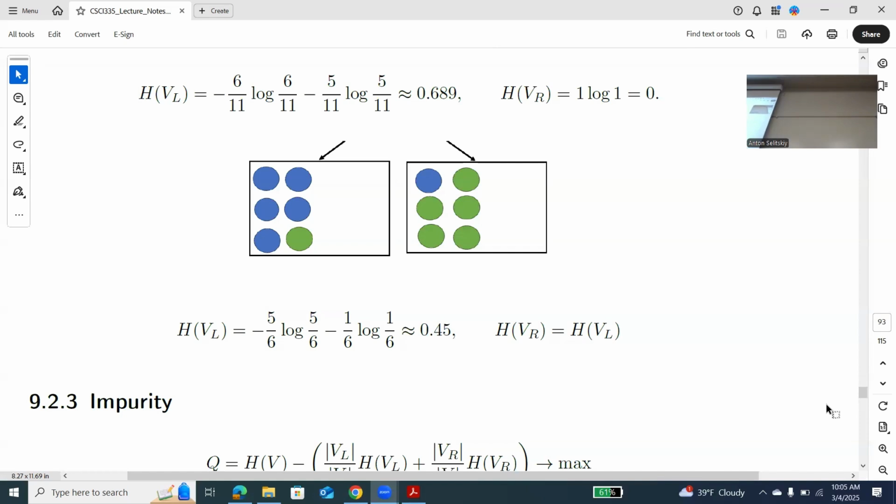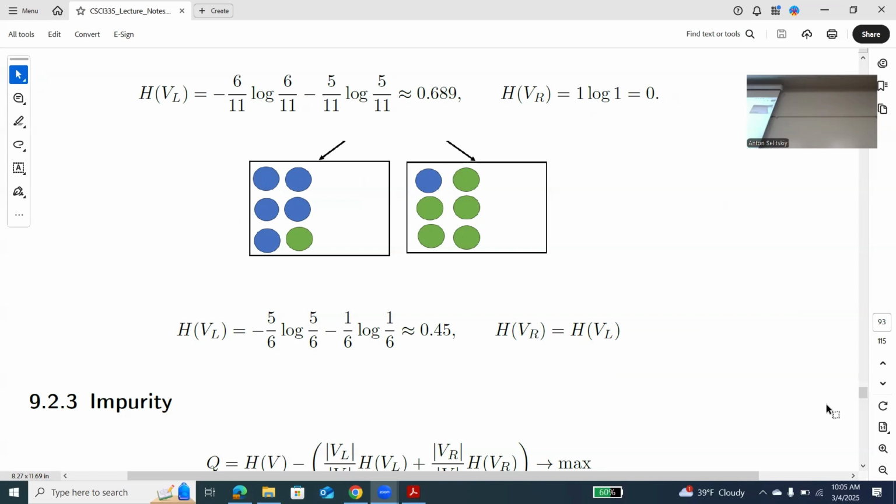It's better. But if you calculate the entropy, let's see, it will be greater because now we have 0.45 for both nodes, and the sum will be 0.9, which is greater than the total entropy in the previous case.